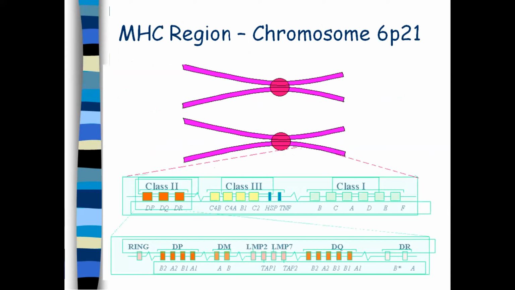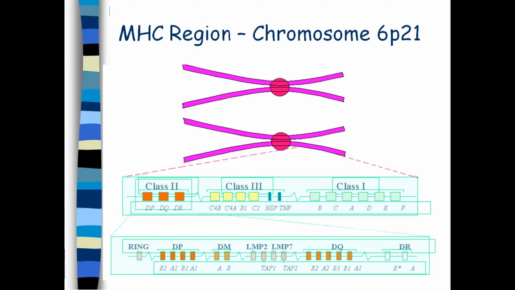When we are talking about the MHC region of chromosome 6p21, that is the major histocompatibility region of 6p21, chromosome number 6, band 21.